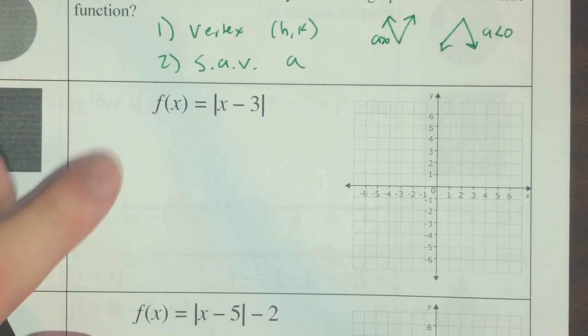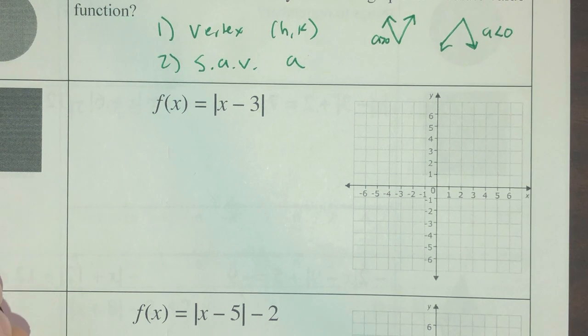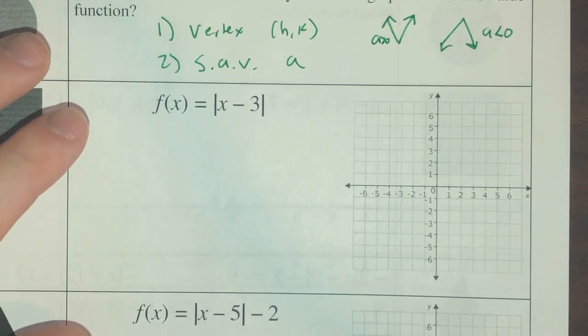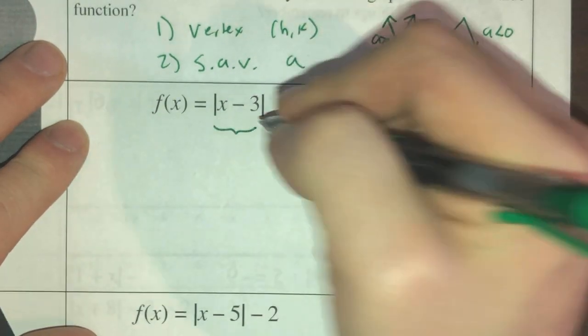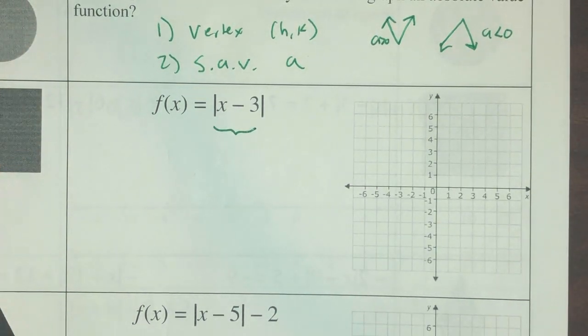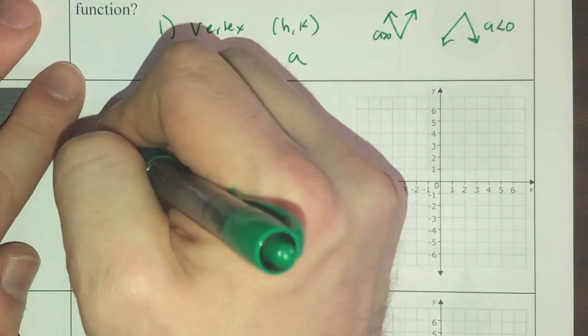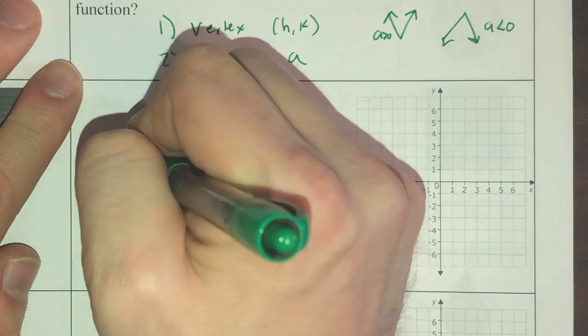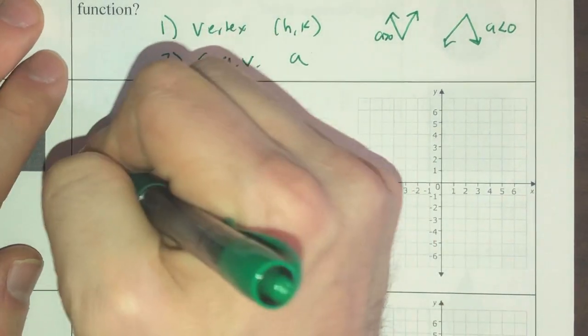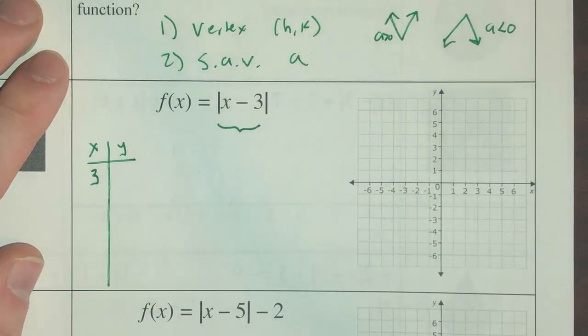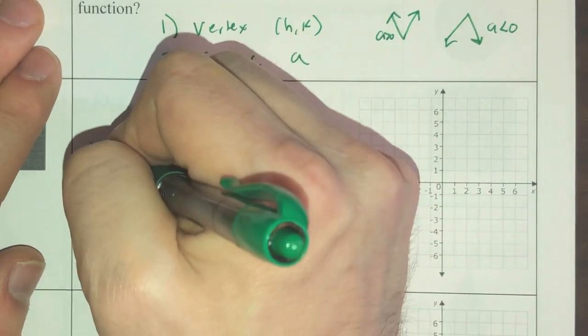Okay, so let's look at f of x is equal to the absolute value of x minus 3. First thing I do, I find my vertex. So I ask myself, what will make the bars equal to 0? Remember, in the end, you make a table, okay? But if you choose some smart numbers to plug in, it makes it easier.